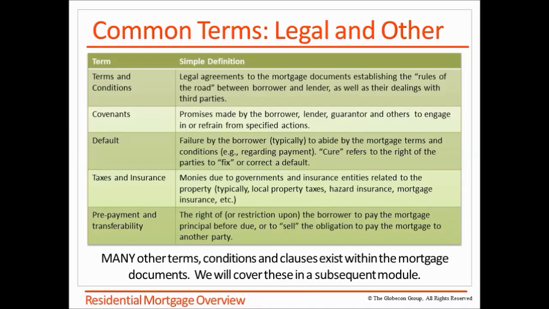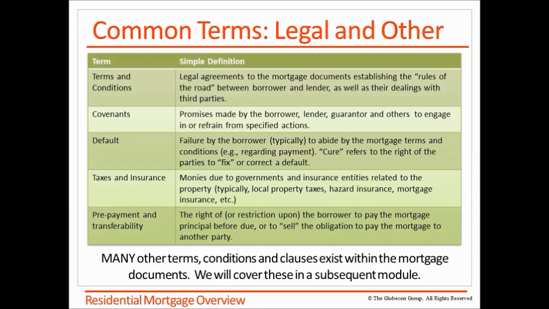Covenants are promises made by the borrower, lender, guarantor, and others to engage in or refrain from specific actions. And there will more than likely be a few of those involved in your mortgage as well. Default is the failure by the borrower to abide by the mortgage terms and conditions, most commonly regarding payment.